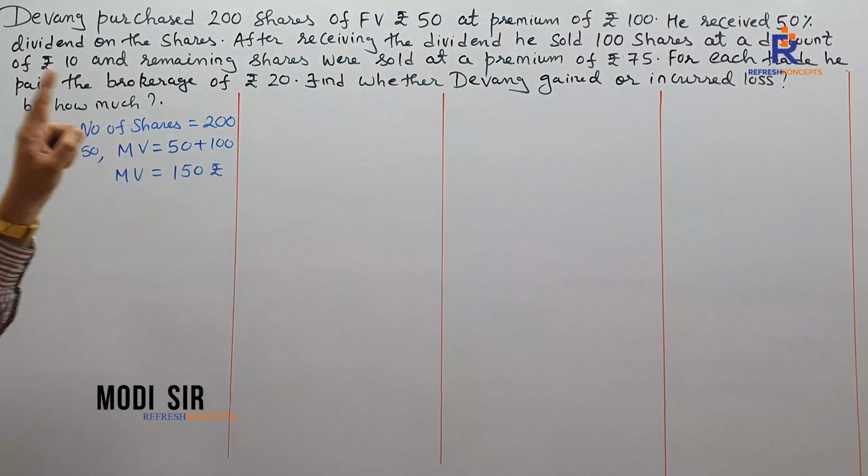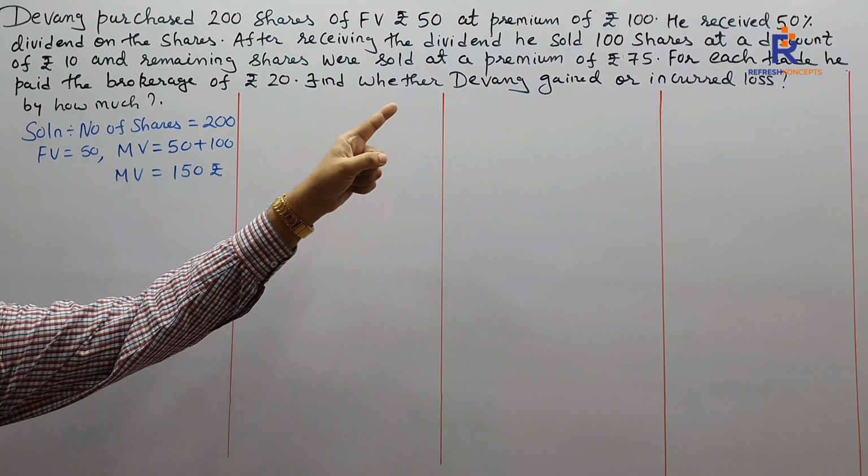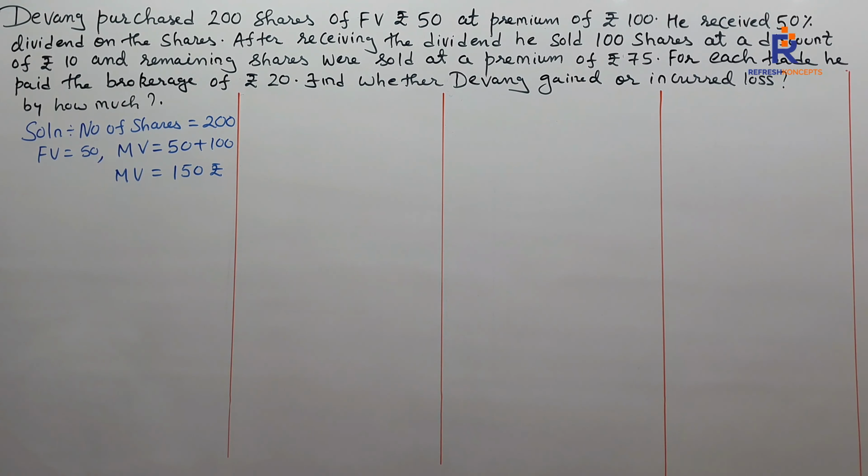He received 50% dividend on the shares. After receiving the dividend, he sold 100 shares. But before that, shall we calculate the amount invested by Mr. Devang?